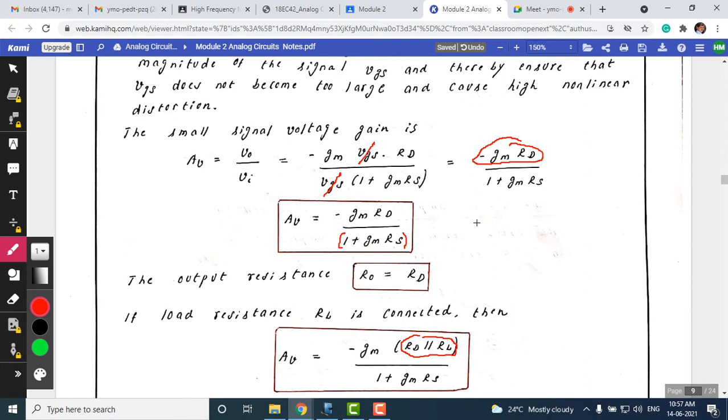So Av is reduced by 1 by 1 plus Gm times Rs, when compared with Av without Rs. So there is a reduction in the gain. To what factor? It is 1 plus Gm into Rs.